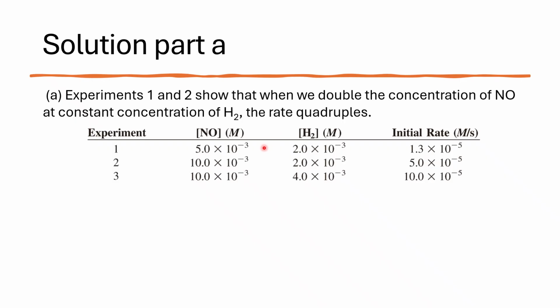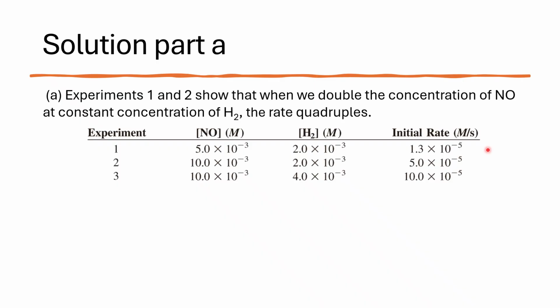The other thing you might notice right off the bat is that if we double the concentration of NO, we're basically going from 5 to 10. We will quadruple the rate. 5 divided by 1.3 is approximately 4.